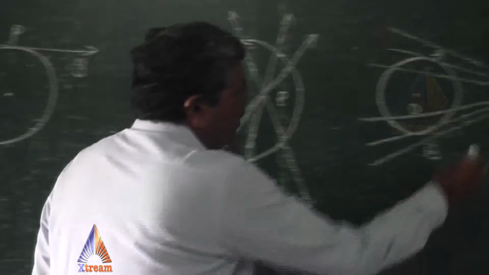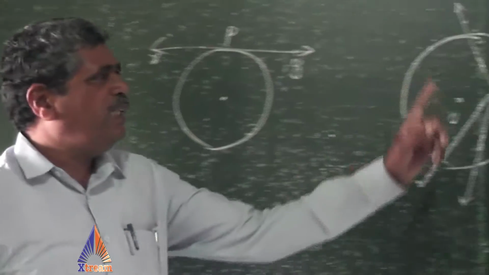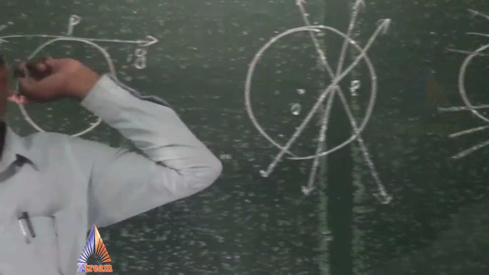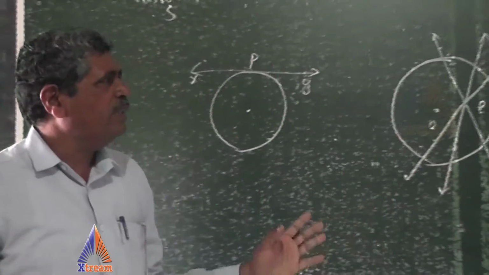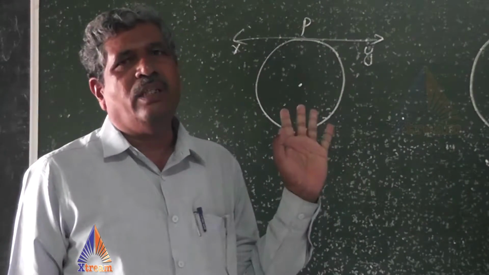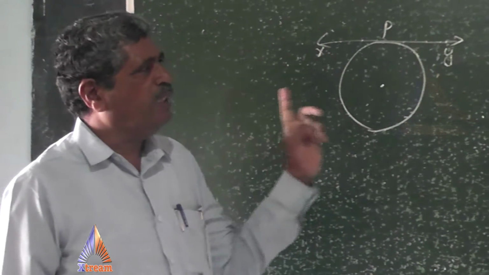It means that from a point on the circumference we can draw only one tangent, but from an outside point we can draw only two tangents. If the point is away from the circle, we can draw only two, not more than two, tangents to the circle.